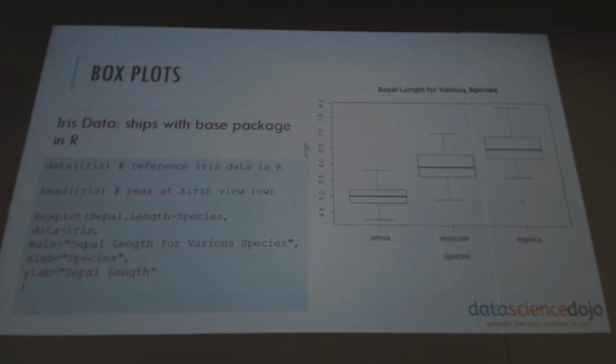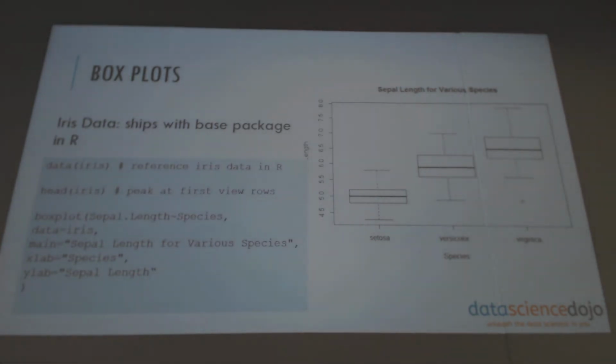So this is a data set. I forgot to copy and paste the first few rows here. This data ships with the base R package. If you install R, the Iris dataset is going to be there. If you want more details on this dataset, you can go to the UCI Machine Learning Repository, which has all the details.